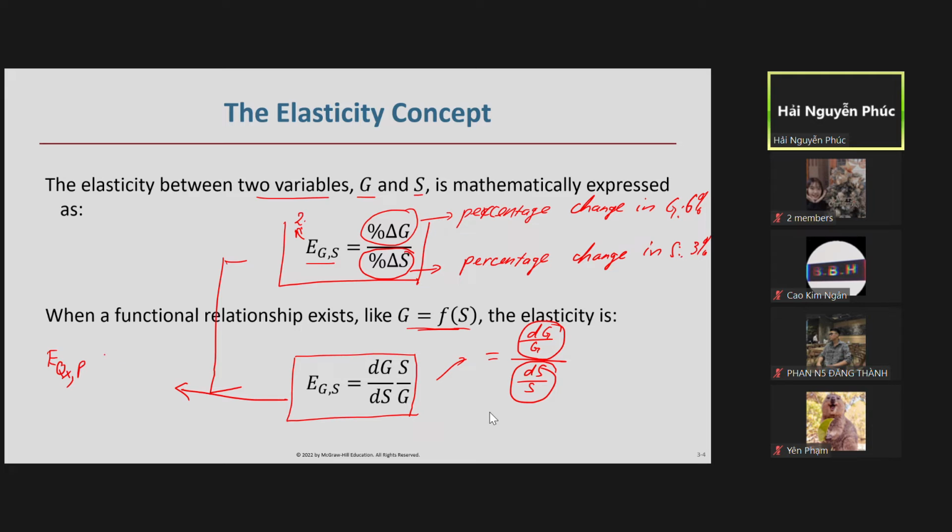Here is a price. This is equal to dQ divided by dP, times price, divided by Q, right?